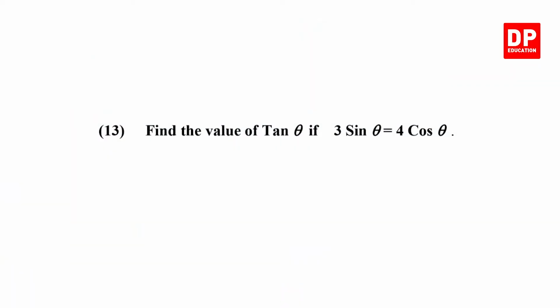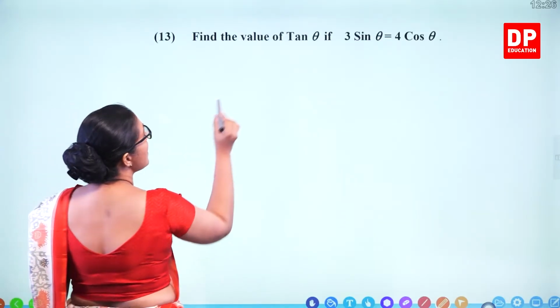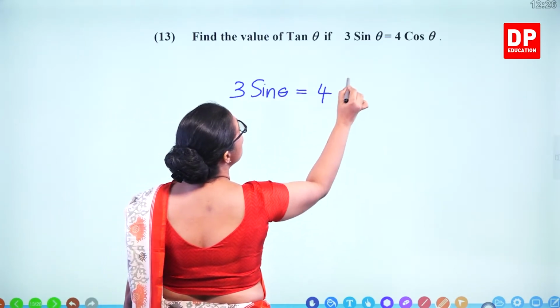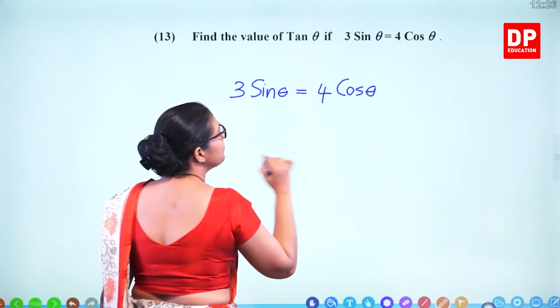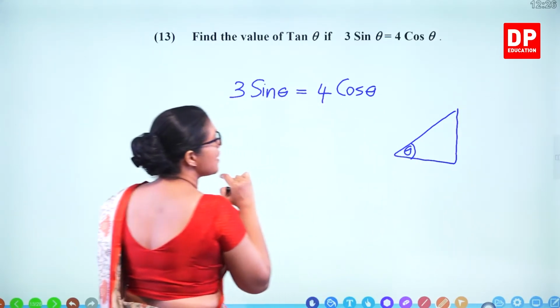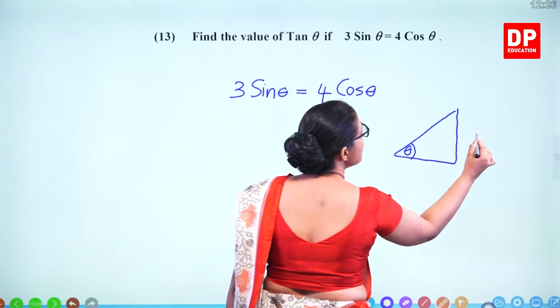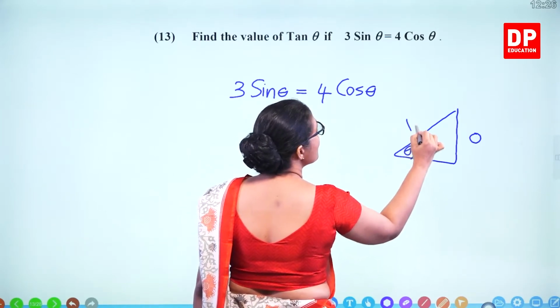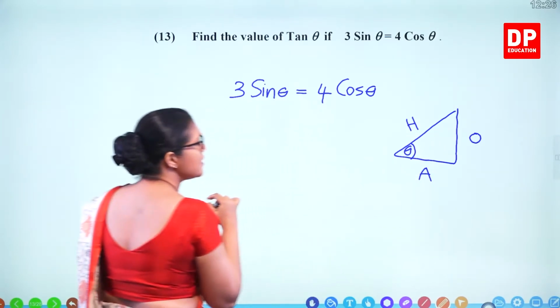Question number 13. Find the value of tan theta if 3 sin theta is equal to 4 cos theta. Now we'll take a triangle with angle theta. This is opposite, this is hypotenuse, and this is adjacent.